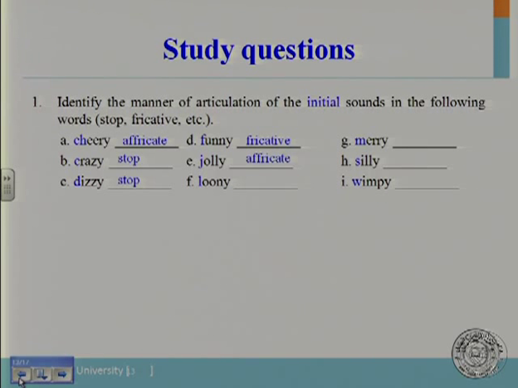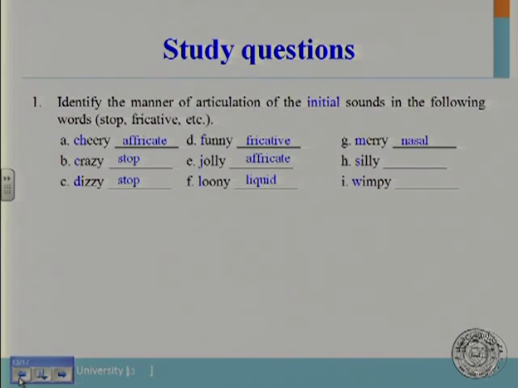Loony. L. We have two sounds here, l and r. These sounds are called liquid sounds. Now, Mary. M. It is a nasal sound.